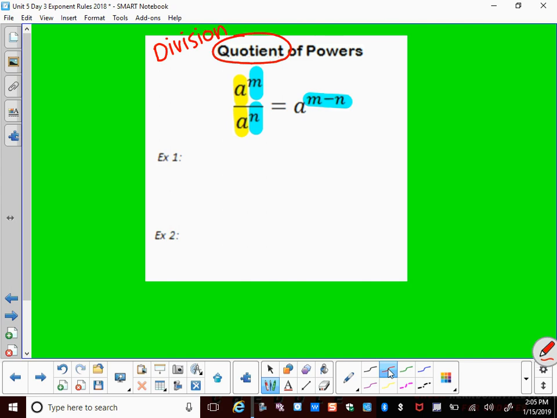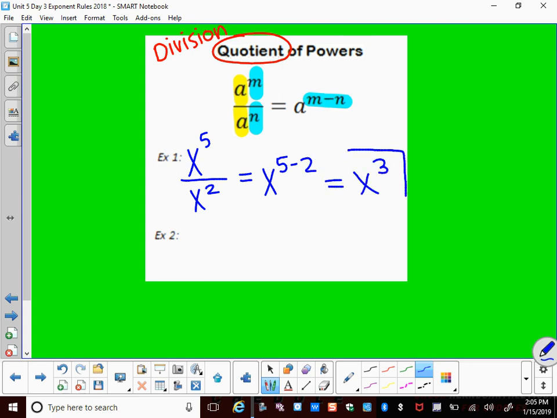And here's an example for you. Let's say I have x to the fifth divided by x to the second. Do I have the same base? Yes, and I'll subtract. 5 minus 2 is x to the third.